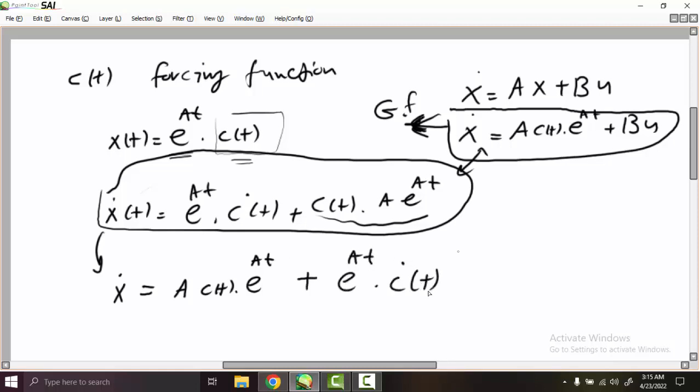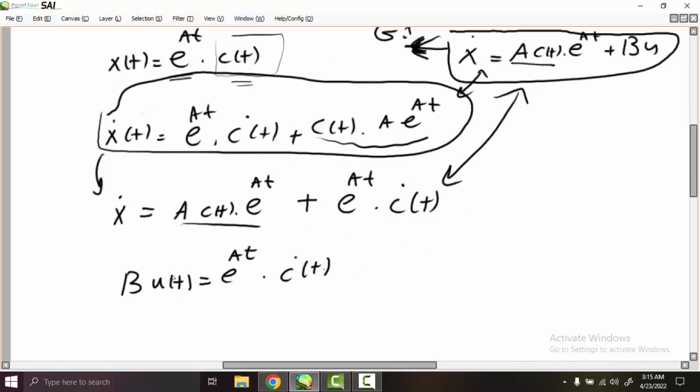So if we equate this one with this one, this part is the same as this part, so bu will be equal to this. So bu of t will be equal to e to the power of at times c dot of t.